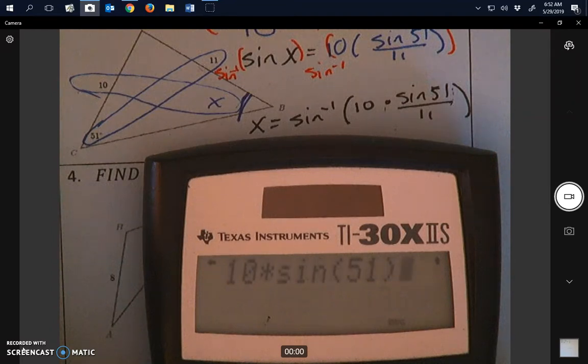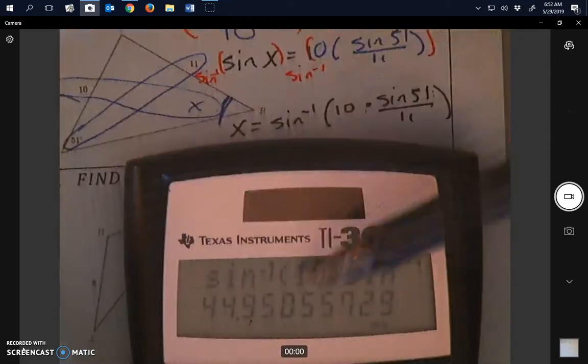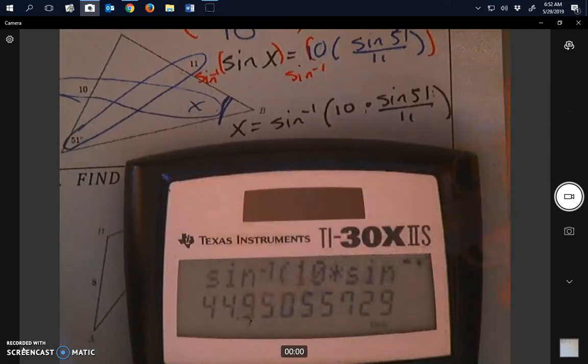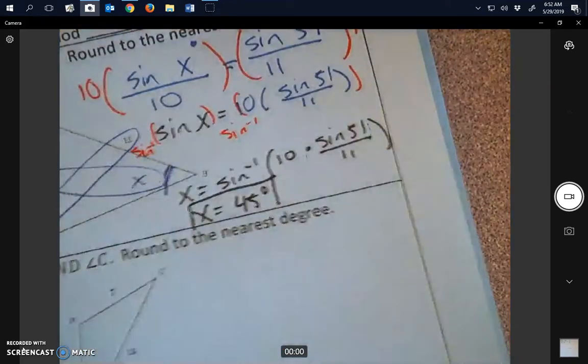Close that first parenthesis out. Divide by 11. And we have our original parenthesis open still from our inverse sine right here. So we have to close that one out. Technically, we don't have to, but it's just good practice to remember that it's still open. And we get 44.95. Our question asks us to the nearest degree. So our 44 degrees will round up to 45 degrees. So x equals 45 degrees.